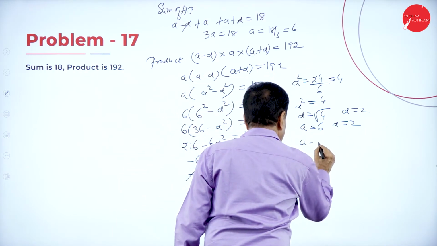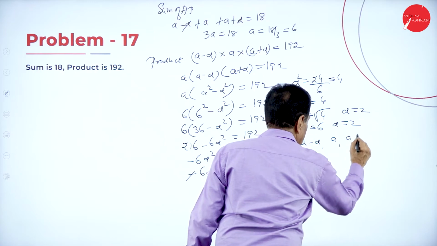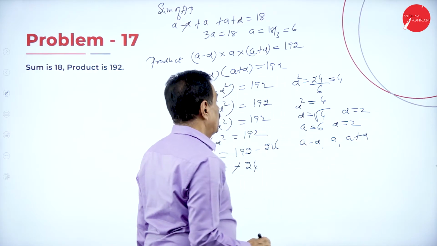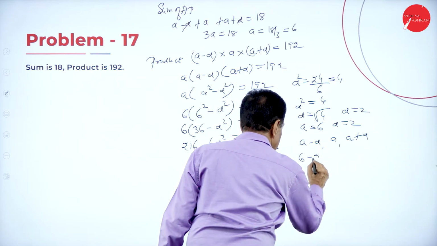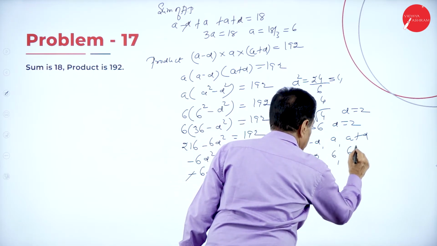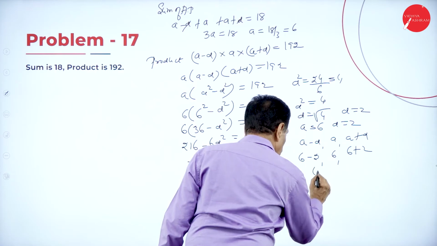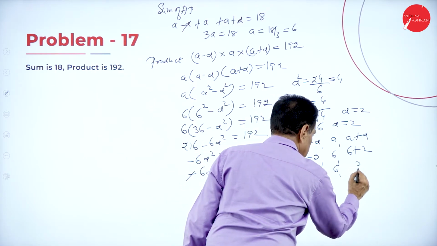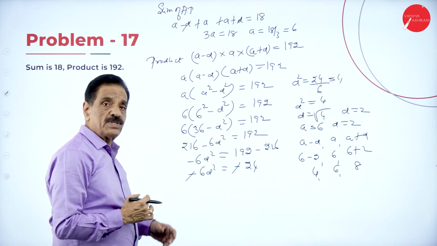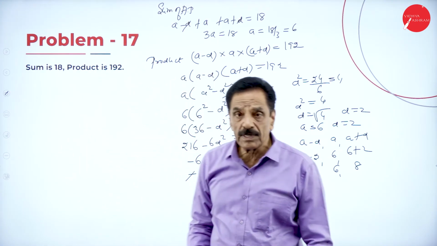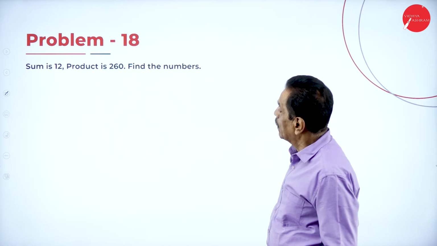A minus D, A, A plus D. 6 minus 2 is 4, this is 6, 6 plus 2 is 8. So the series is 4, 6, 8. Hope you understand. Last one.